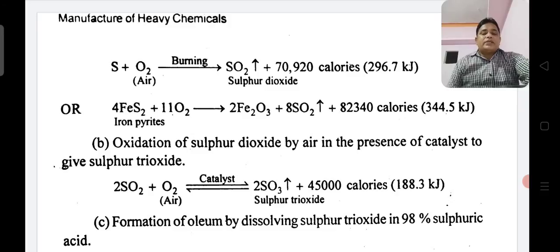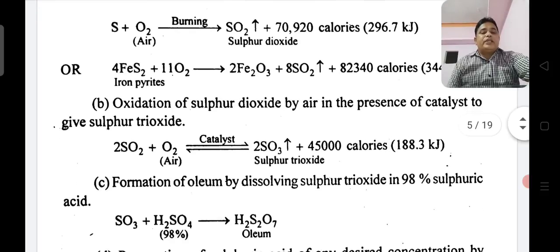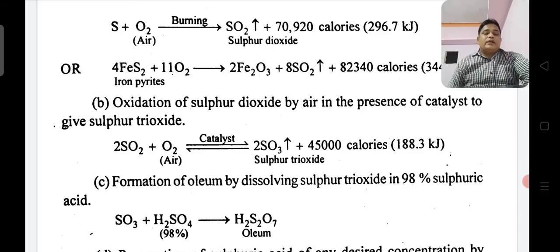The reaction is 2SO2 plus O2 reversible equal to, in presence of catalyst, 2SO3, that is sulfur trioxide. This is a reversible reaction, and energy is also evolved, that is in calories 45,000, while in kilojoules 188.3 kilojoules.